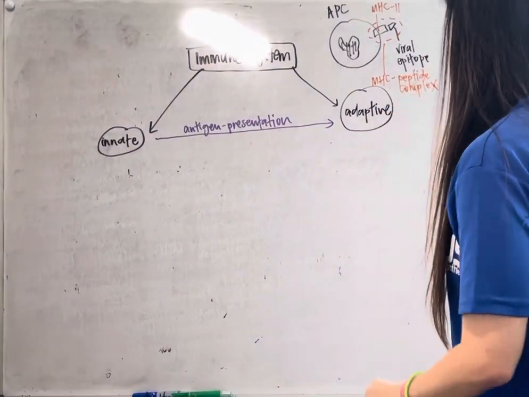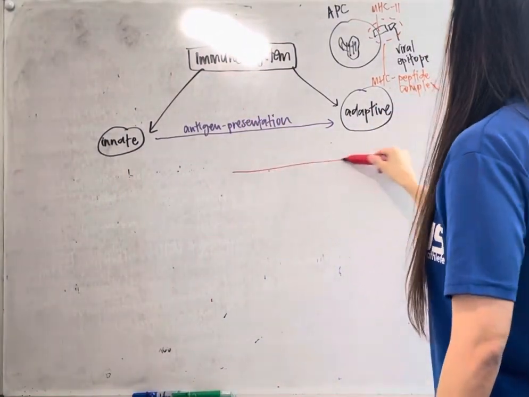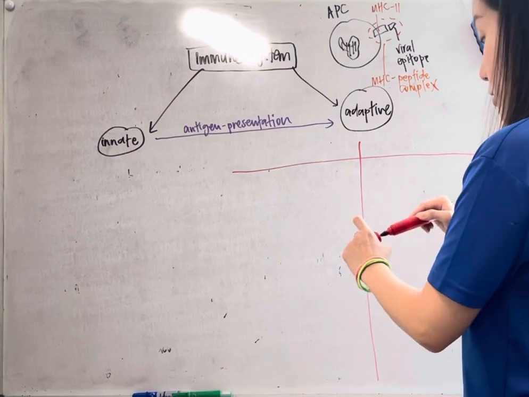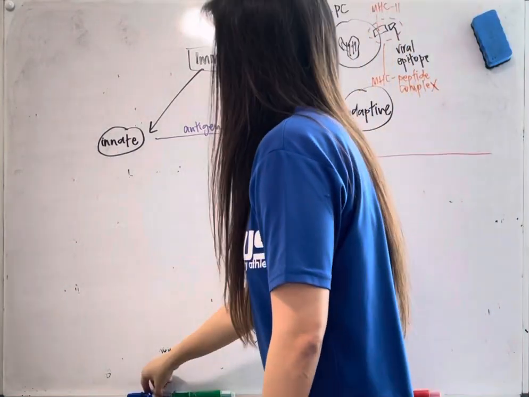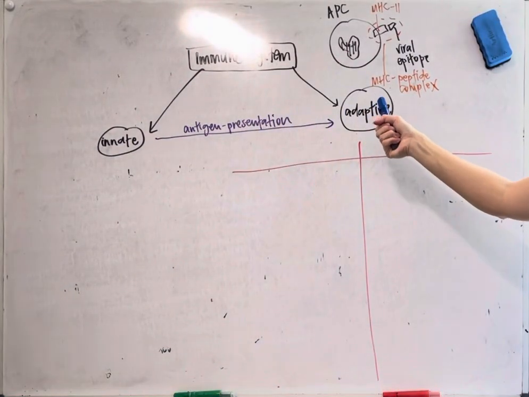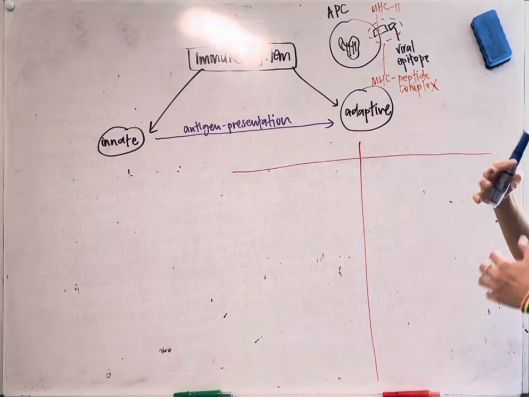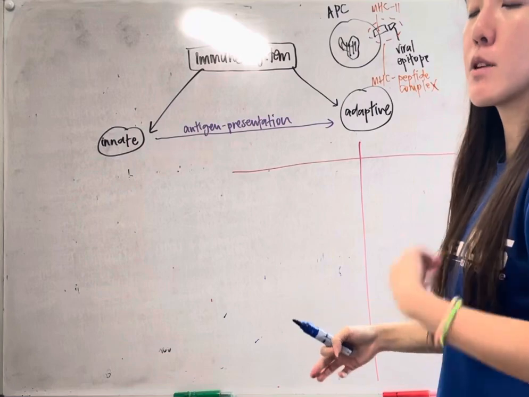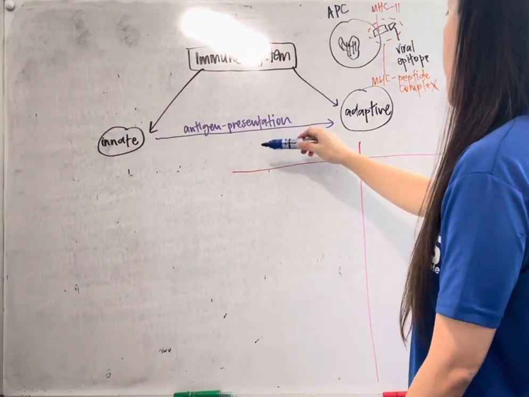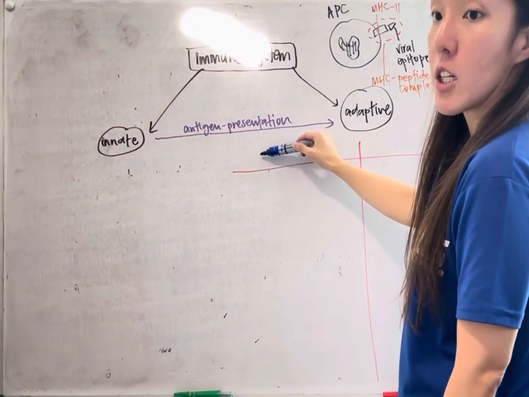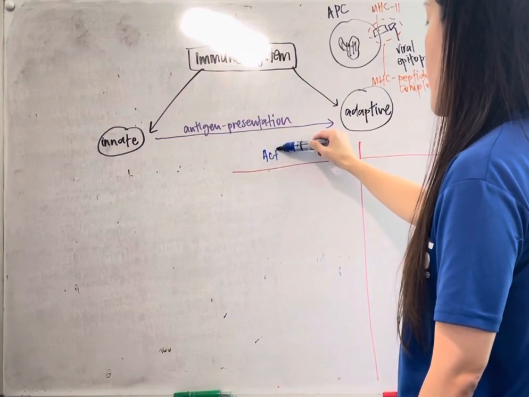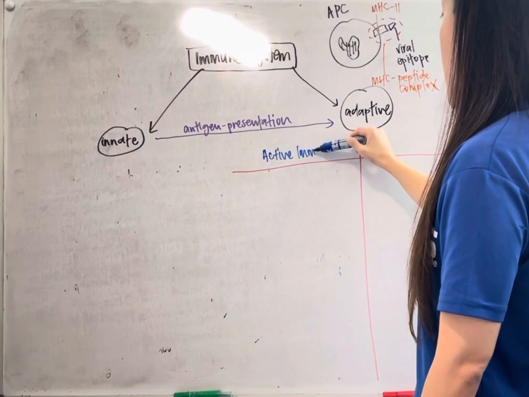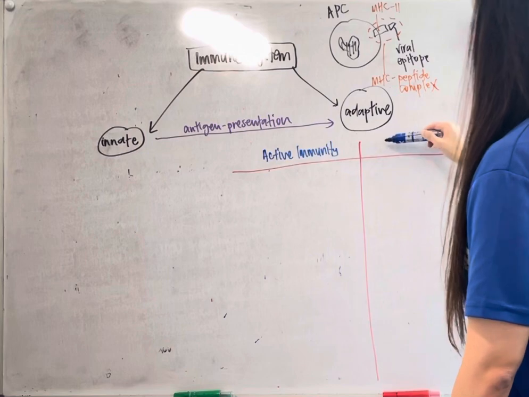For your adaptive, first thing I want to talk about, because we have 2 types. This is actually to protect and prepare the body for any secondary response, or even to eliminate whatever pre-existing pathogen is in the body. So we have 2 types. First is called your active immunity. The contrast to active immunity is passive immunity.